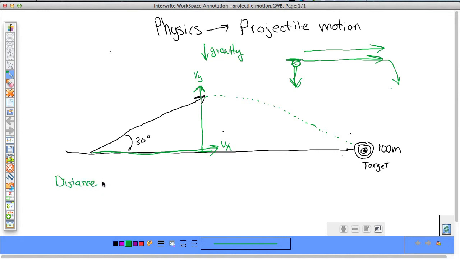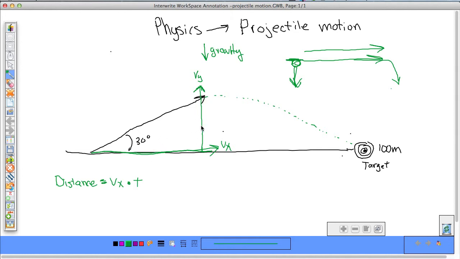Our distance, how far we need to go, is always going to equal our velocity in the x direction times our time. So if I'm going 5 meters per second in the horizontal direction and I travel for a second, my distance is going to be 5 meters. The distance always equals the velocity in the x direction times our time.